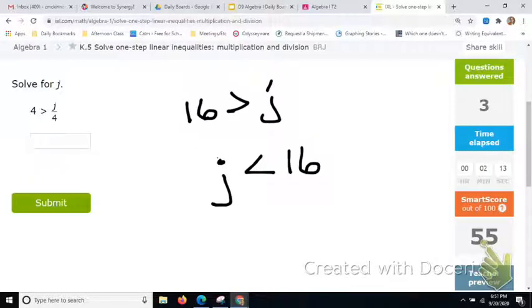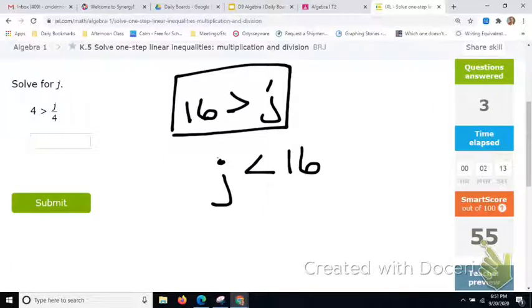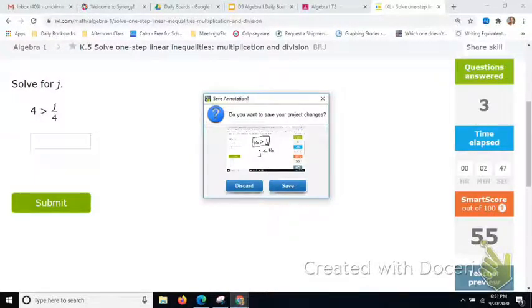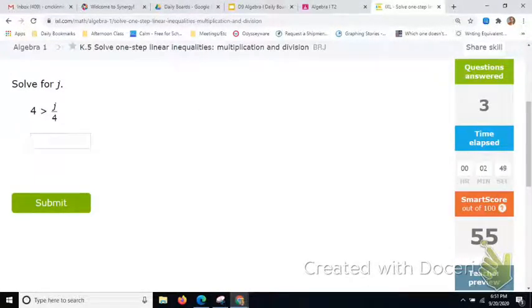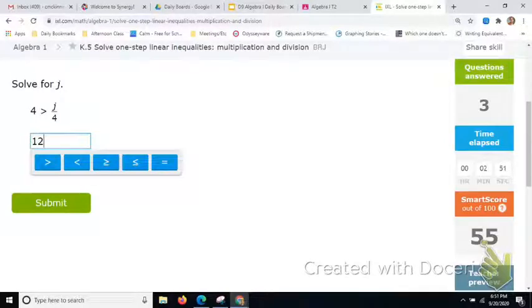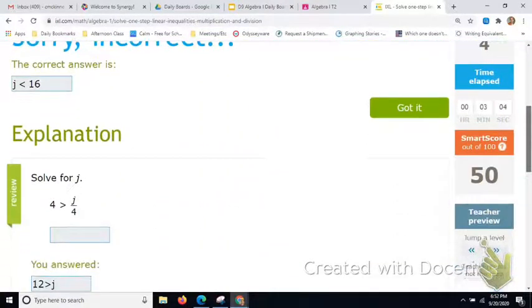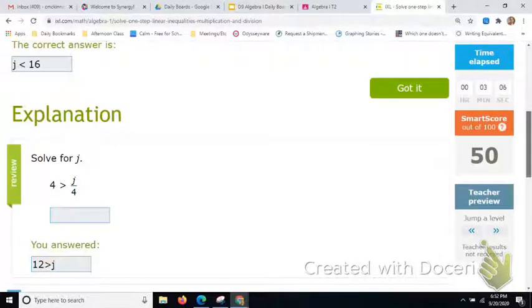However, if you miss the problem, so this is correct, but if let's say for whatever reason at that point I said 12, and then I use the symbol and then I put J. If I miss the problem, then IXL is always going to write it with the J first.